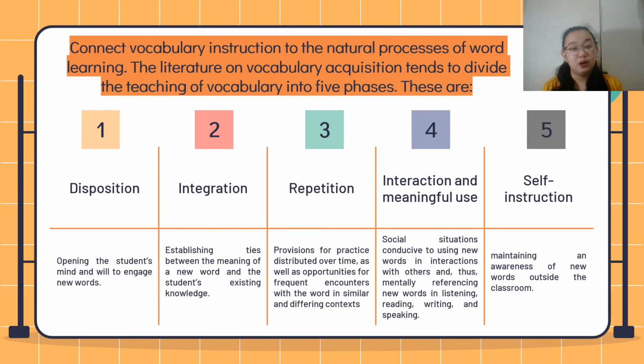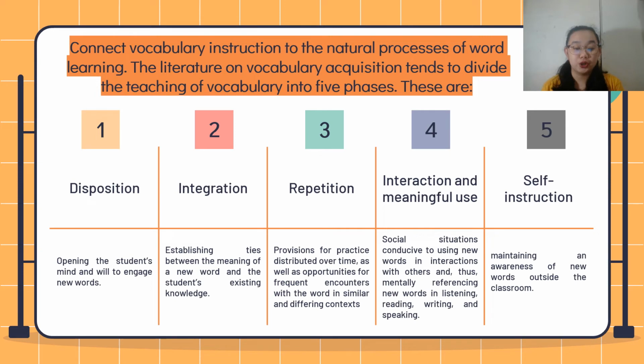And third, repetition, provisions for practice distributed over time, as well as opportunities for frequent encounters with the word in similar and differing contexts. Number 4, interaction and meaningful use.